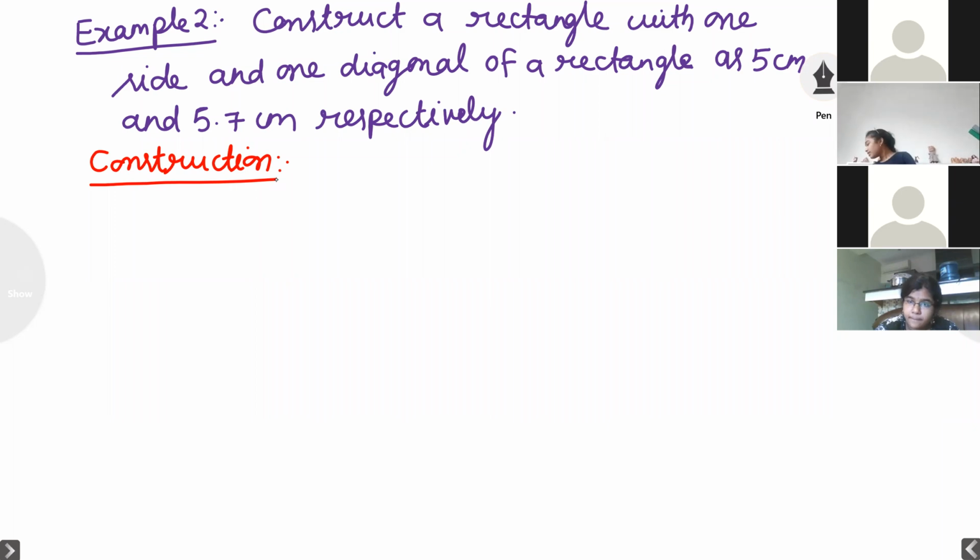Five centimeter is the length and 5.7 centimeter is the diagonal. All students, start constructing along with me.